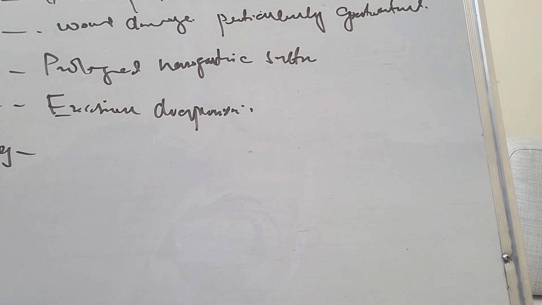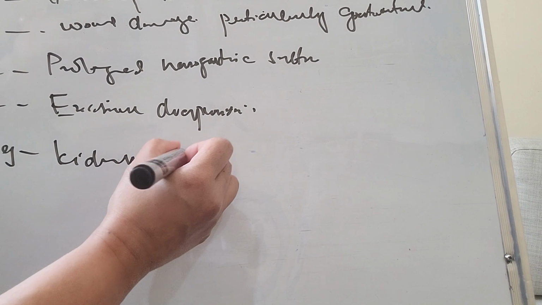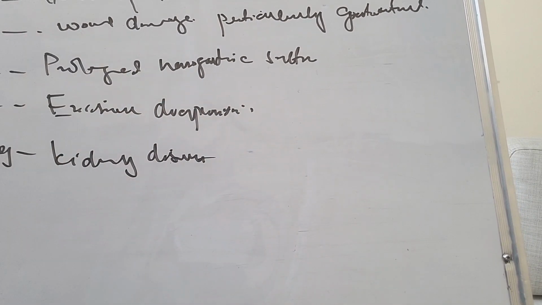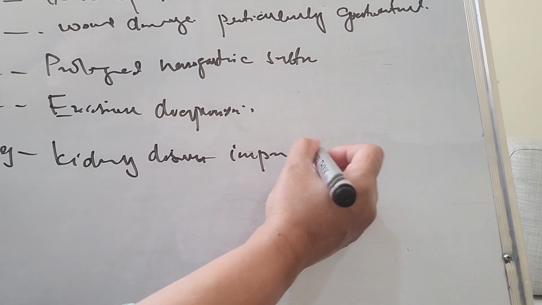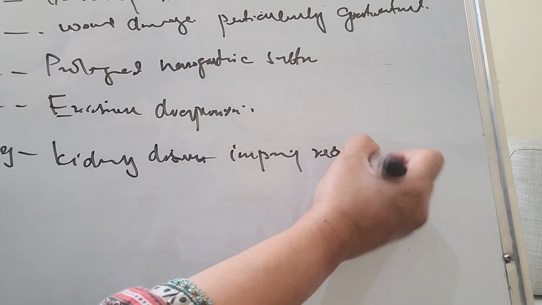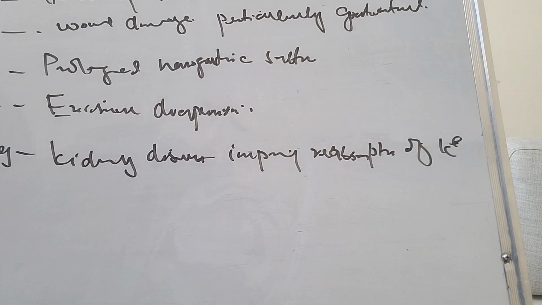G is kidney disease. What kidney disease does is impair reabsorption of potassium. This is also a reason for hypokalemia.